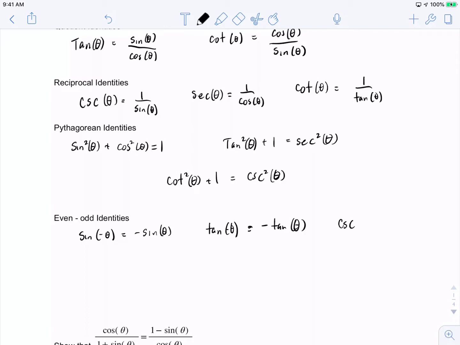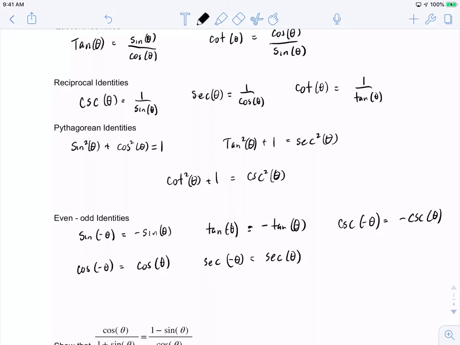And cosecant of negative theta is equal to negative cosecant of theta. Those are the odd. The evens are cosine of negative theta is equal to cosine of theta. Secant of negative theta is equal to secant of theta.